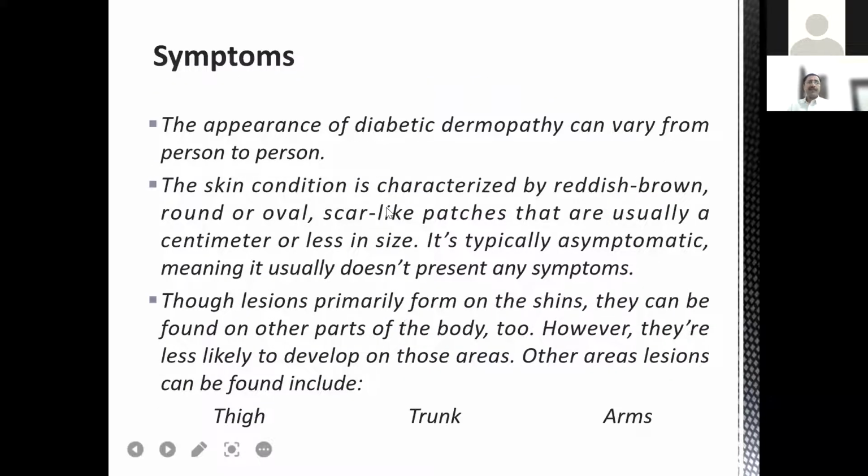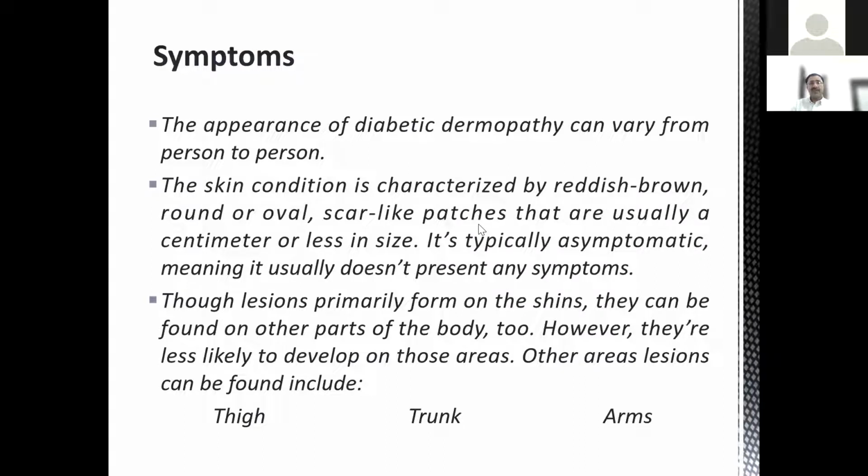So the appearance of diabetic dermopathy can vary from person to person, and characteristically you will find reddish brown round lesions. It is typically asymptomatic, meaning that it usually doesn't present with any symptoms.